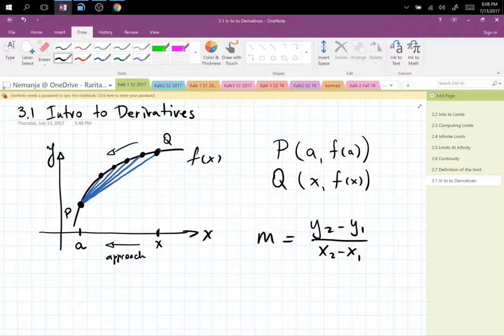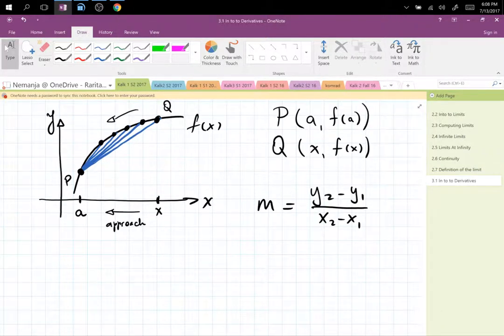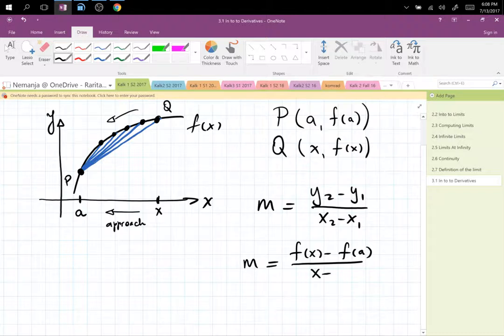So in our case over here, I'm just going to rewrite this slope as f of x minus f of a divided by x minus a. So what's happening here is f of x minus f of a, those are the y values. So we know y equals f of x, right? So I'm just replacing the y notation with f of x notation. This is the same equation, just written differently.